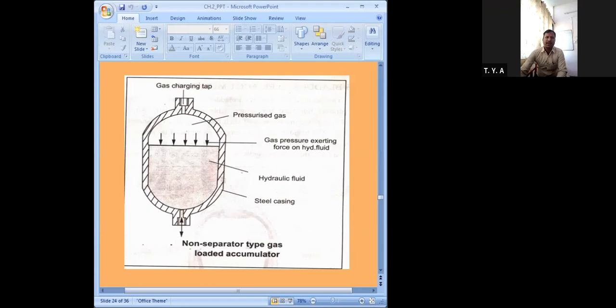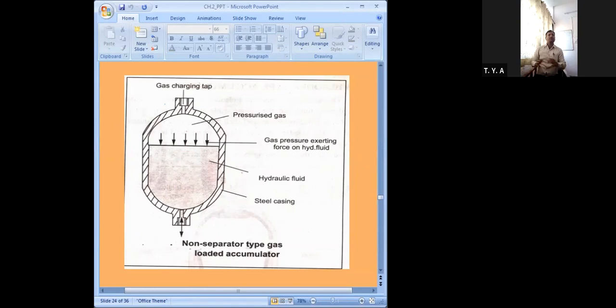Now from the gas charging valve you get the pressurized gas inside. This gas confines at the top only, and the oil remains at the bottom only. There is no physical separation between them.